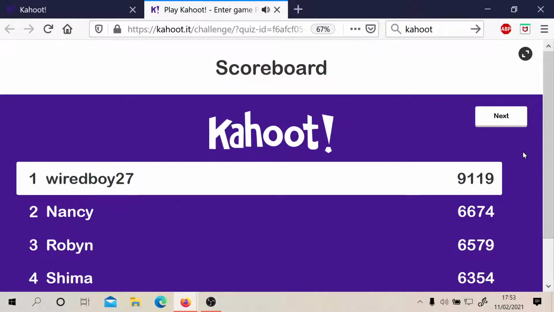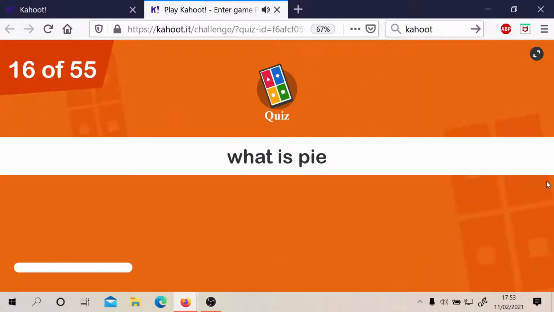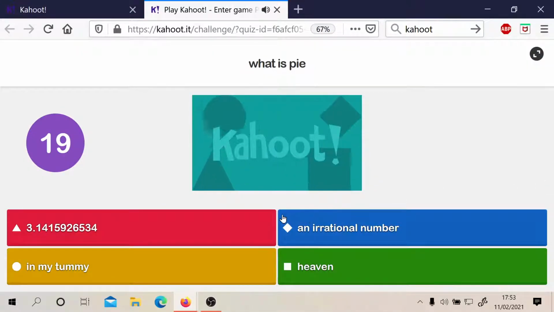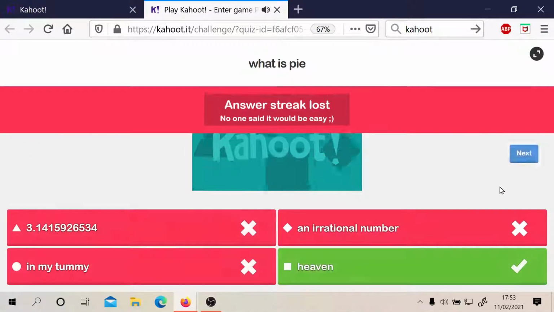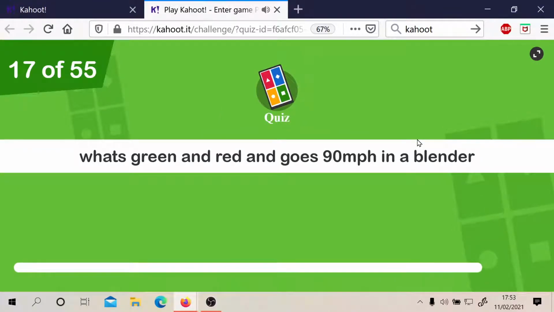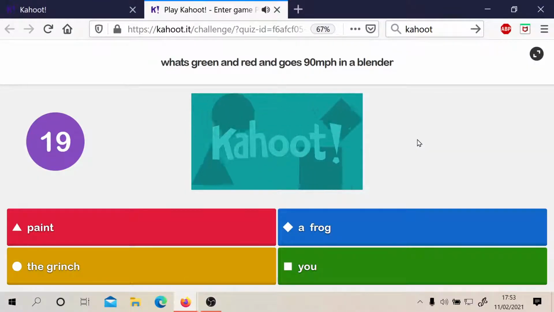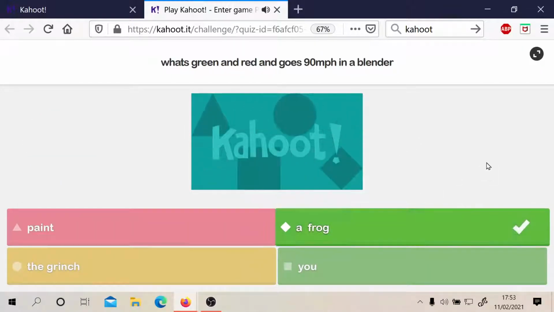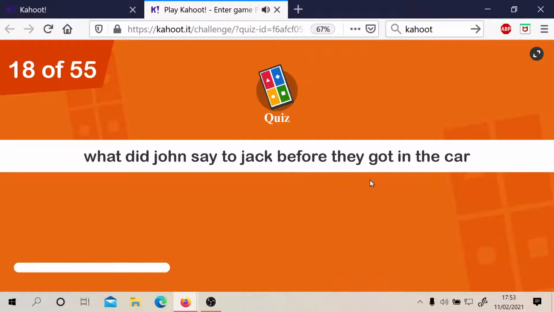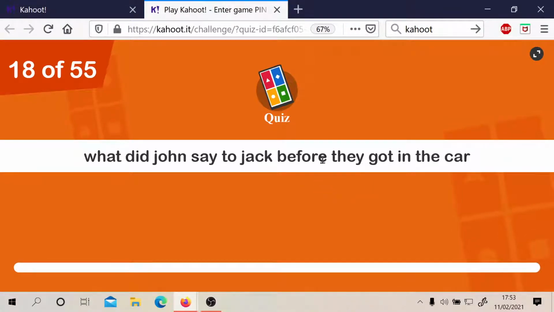Yep. .141 5. It's not that. I think it's this. Uh-oh. That's a little bit too dark. If it gets darker than that, I might have to stop this one.